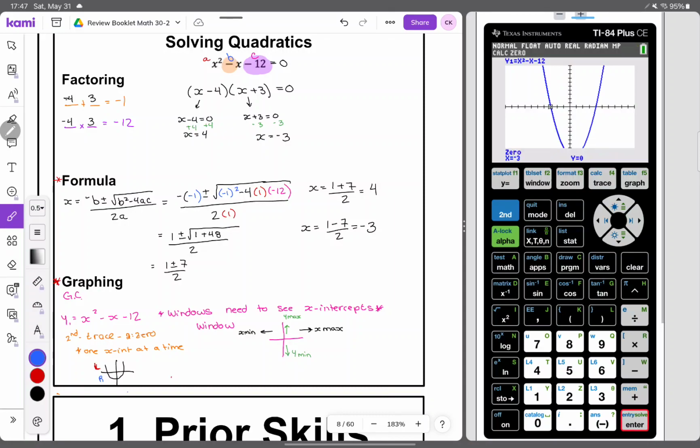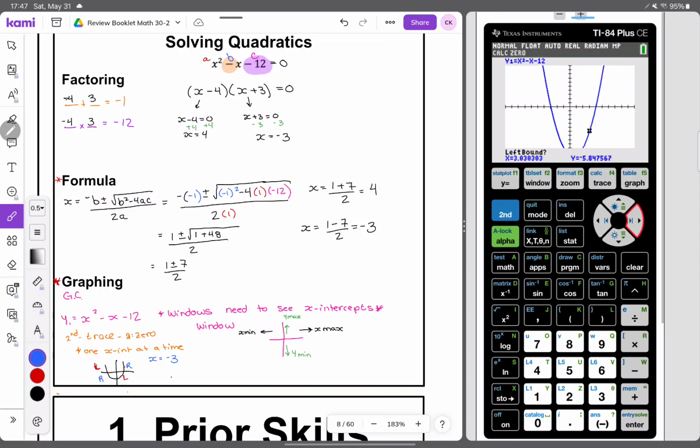Once it is, hit enter, and we get that x equals -3. If I want to find the other one over here, well, that gives me a left here, and that gives me a right here. So again, we're going to go second trace, find the 0, scroll over, and I can be anywhere to the left of that x-intercept.